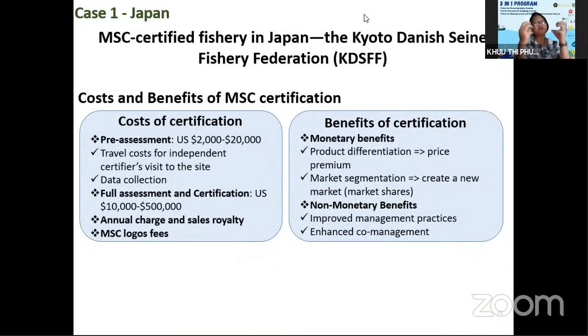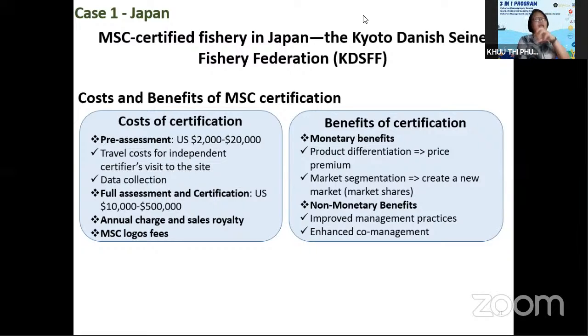So the fishermen have to compare the cost and benefits of MSC certification. What is the cost and what are the benefits they can receive? Here's the cost and here's the benefit. You can see they have to pay even the MSC logo fee. But they can get benefits in money and non-money as well.